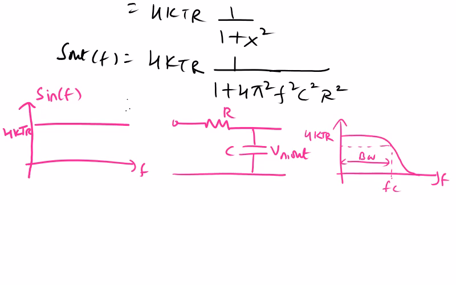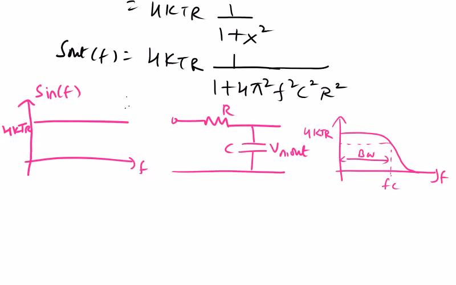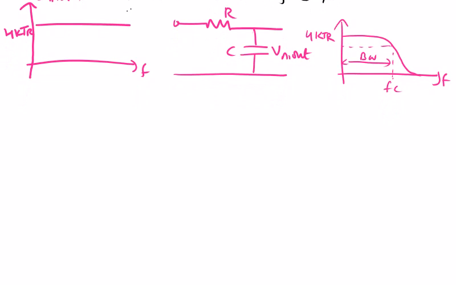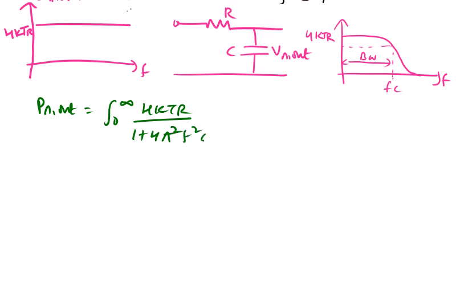So now what can I write for P_n out? P_n out is equal to the integration from 0 to infinity of 4kTR divided by 1 plus 4 pi square f square C square R square into df.